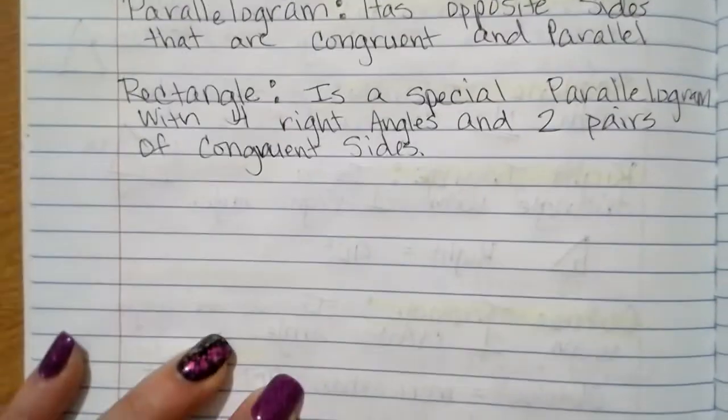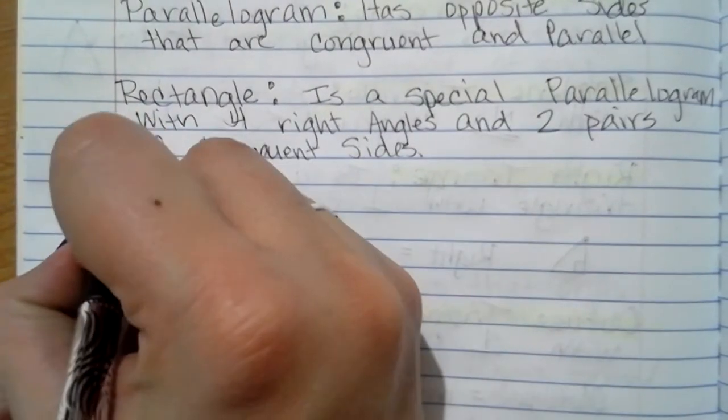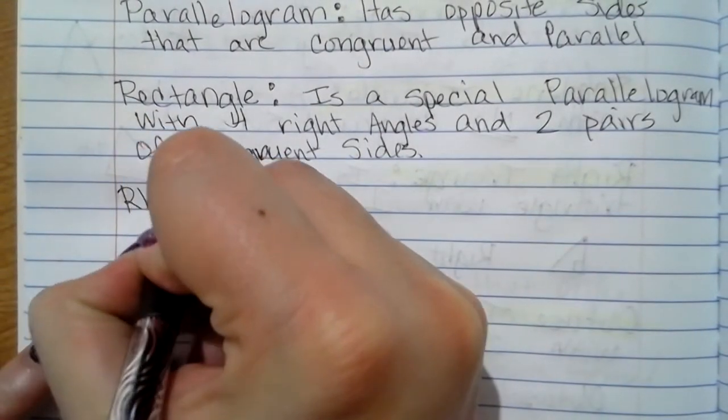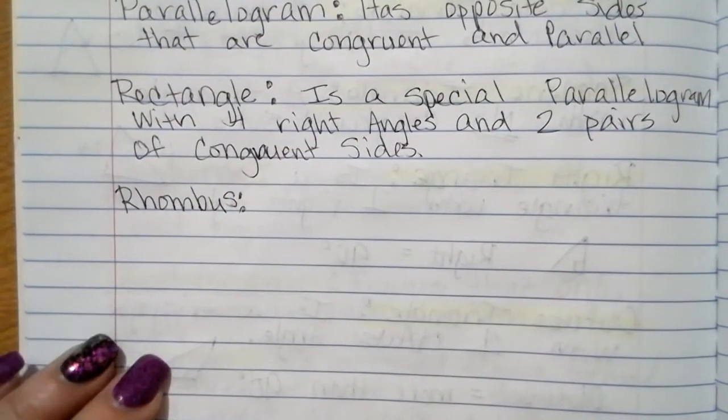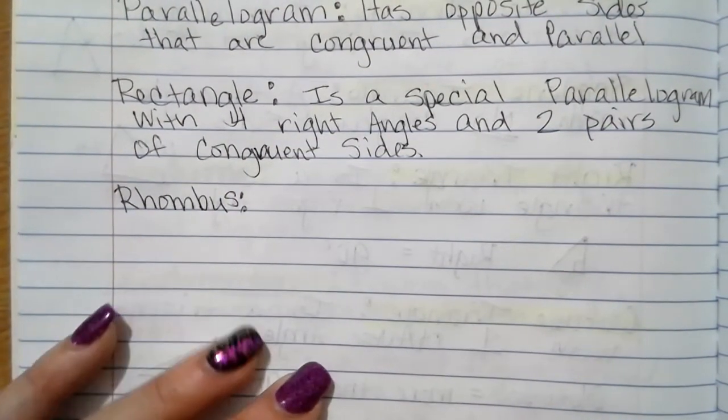Okay. A rhombus is a special parallelogram with 4 congruent sides.